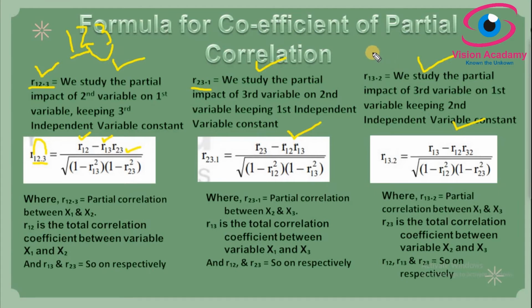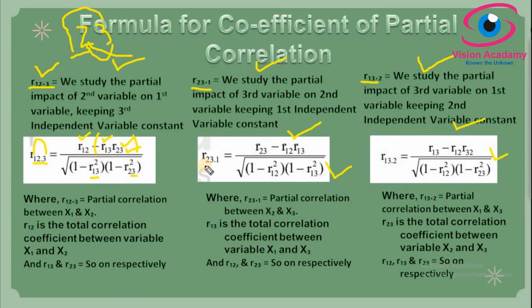And for the third option, we have taken the first and third variable into study and kept the second variable constant, so that is R13.2. For the denominator, we will consider this portion only, that is R13 square, which will be subtracted from 1, and here the second option is R23 square. The same thing will be repeated for all the formulas.